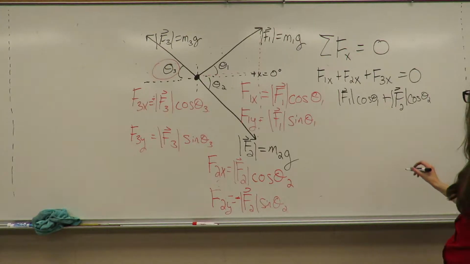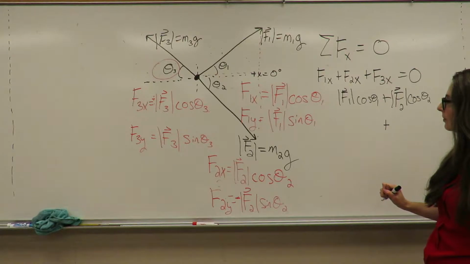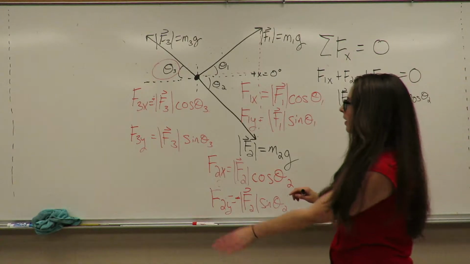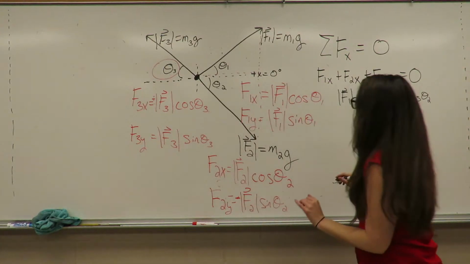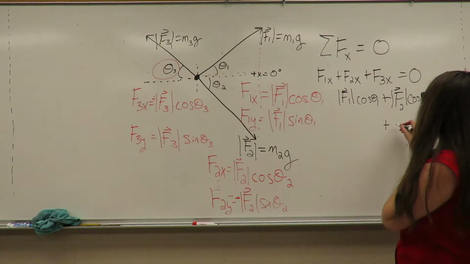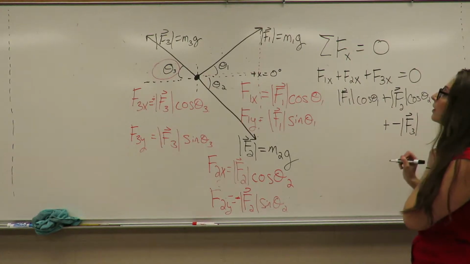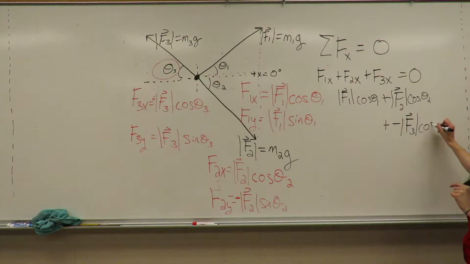Ooh, and I'm running out of room. Plus, here, negative magnitude of F3 cosine theta 3. And that all has to equal 0, right?